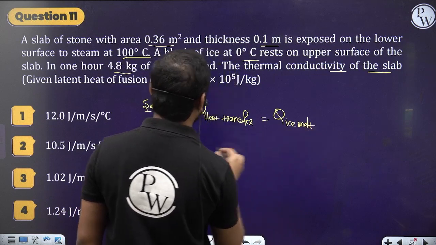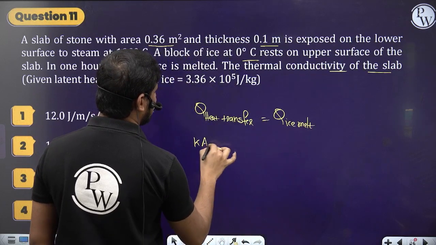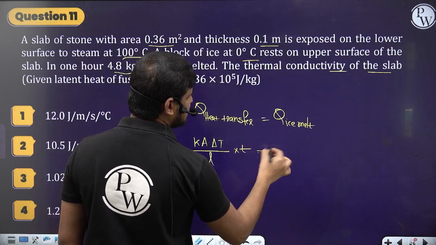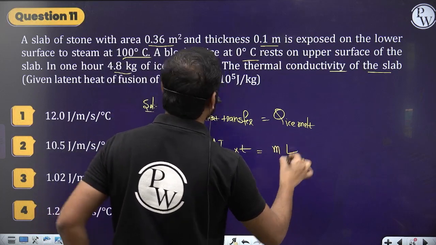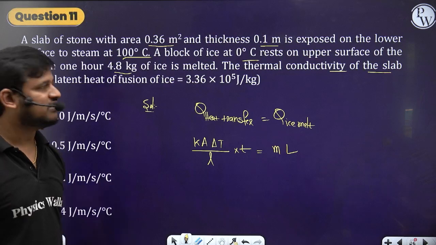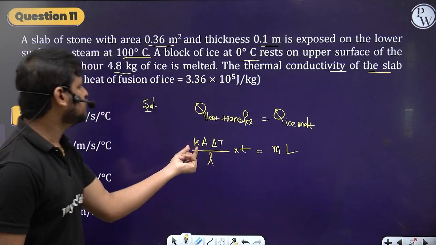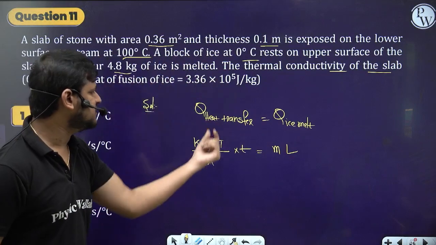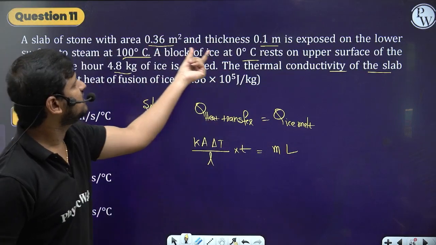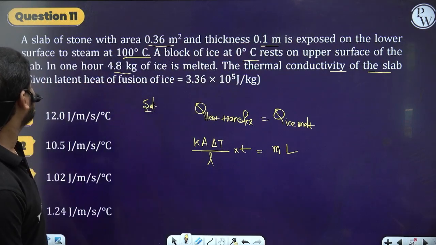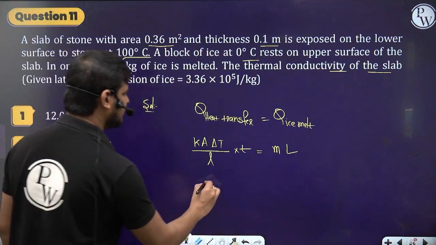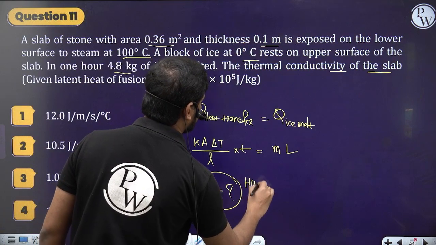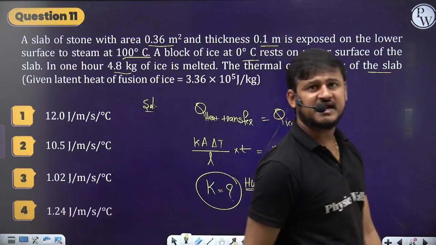So here it is K A delta T by L into the time taken T is equal to M into L. Here the mass is already given, L is given, K you have to find. Area is given, temperature difference is given, 100 minus 0, and length is given, 0.1, right? Everything is given, so find the K value. Take these calculations as homework, simple thing, right?